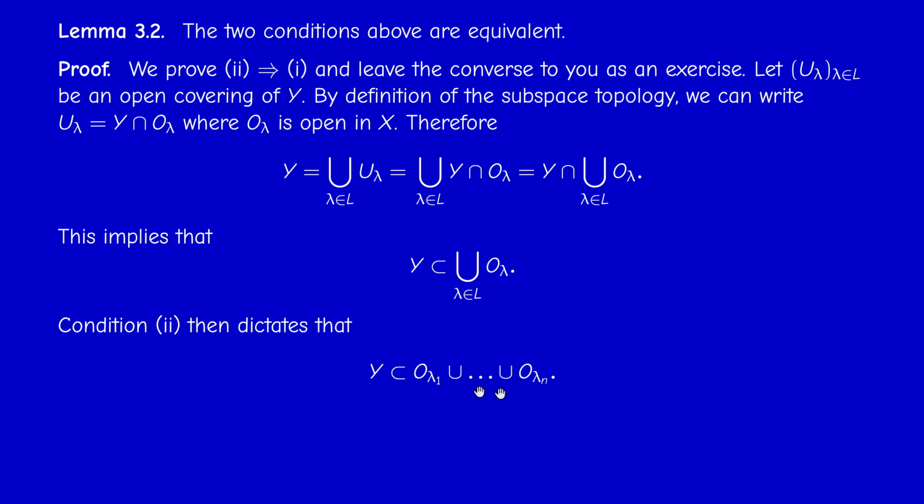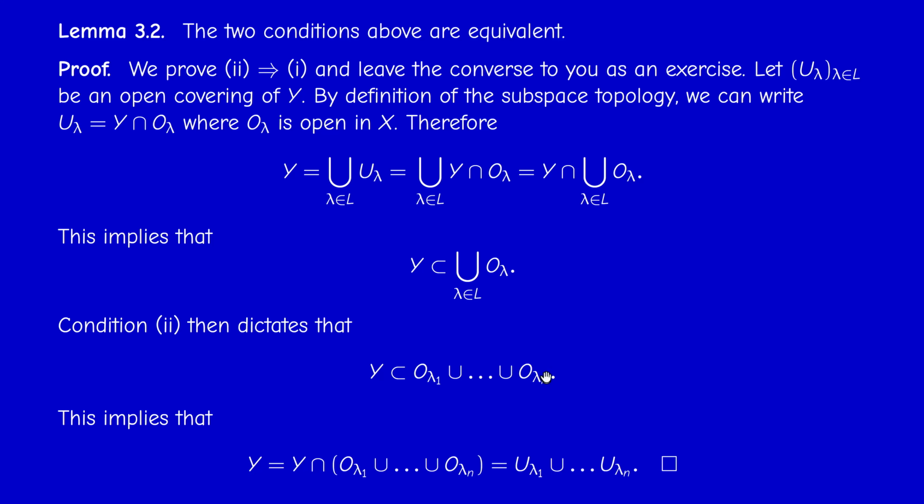So finitely many O lambda cover Y, and therefore when I take the intersection of Y with this union and use the distributive rule, I get Y intersected with O lambda 1, which is U lambda 1, Y intersected with O lambda 2, which is U lambda 2, and so on. So finally I get Y is exactly equal to U lambda 1 union, etc., union U lambda n. So this proves that condition 2 implies the compactness condition, and the other implication is just the reversed implication, just symmetric.